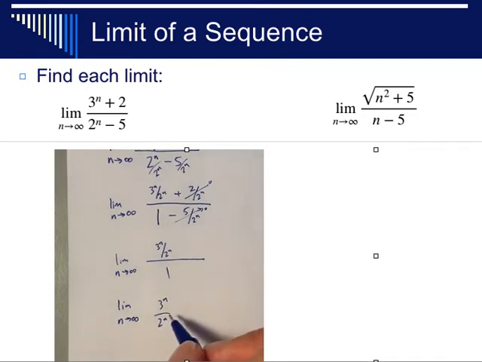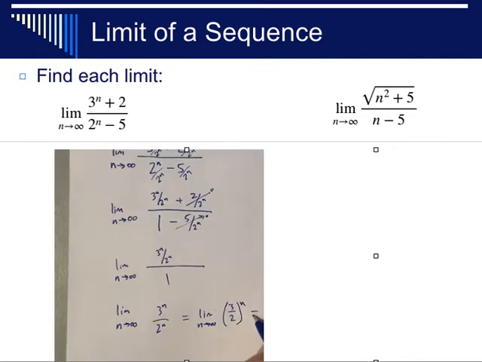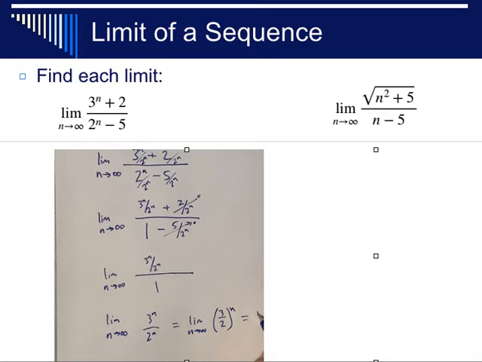And if I use some exponent properties, we can say that that is the same thing as the limit as n approaches infinity of 3/2 to the n, which is the same thing as 1 1/2 to the n.